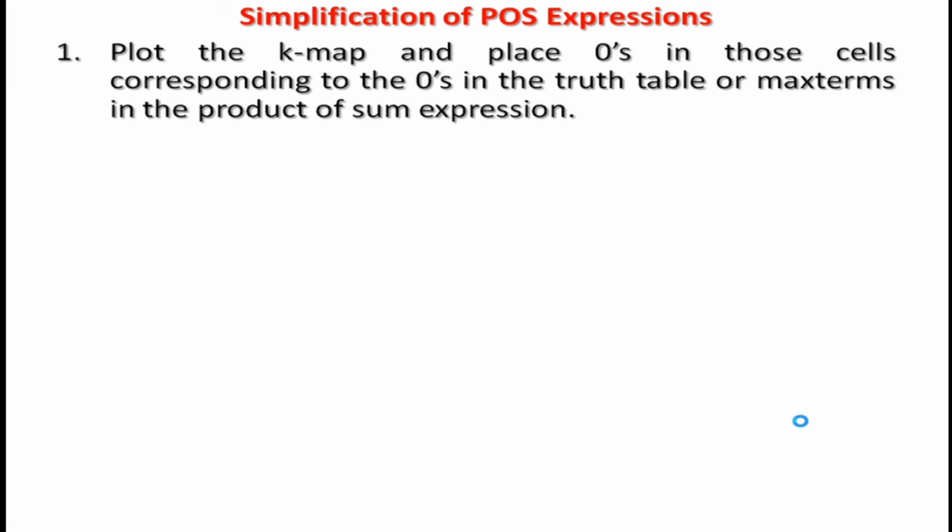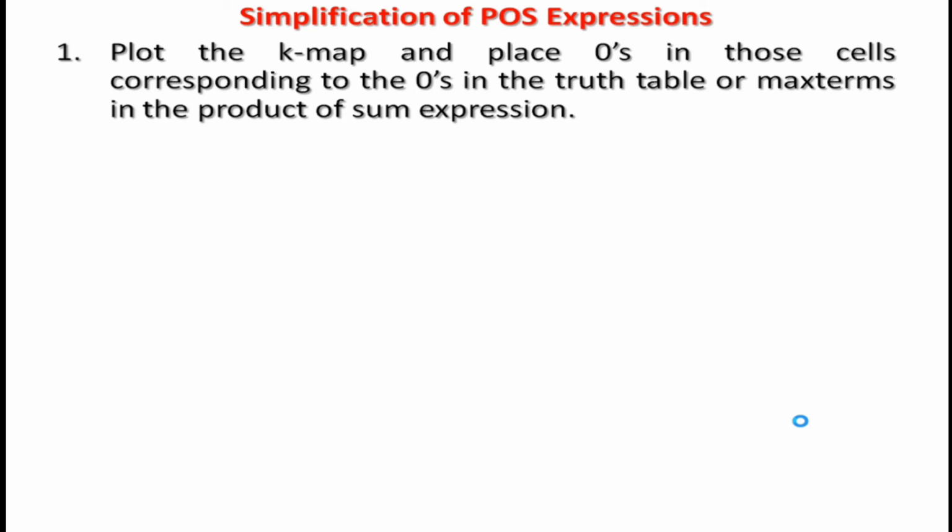Next, we have the simplification of POS expression. The procedure for simplification of POS expressions is: plot the K-map and place the zeros in those cells corresponding to the zeros in the truth table, or maxterms in the product of sum expression.